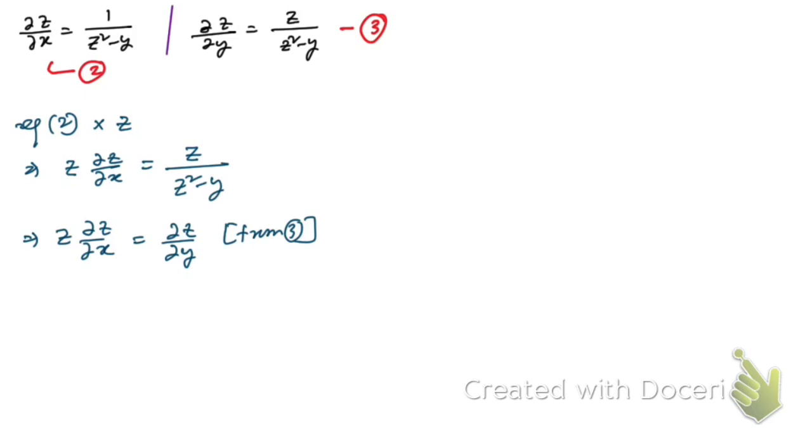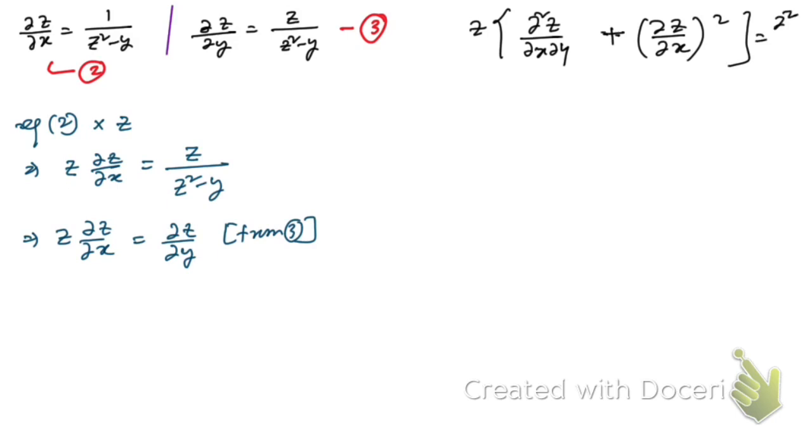Second thing, we need to prove one more thing, that is z into the second order derivative of z with respect to x and y, then plus del z by del x whole square is equal to the second order derivative of z with respect to y.